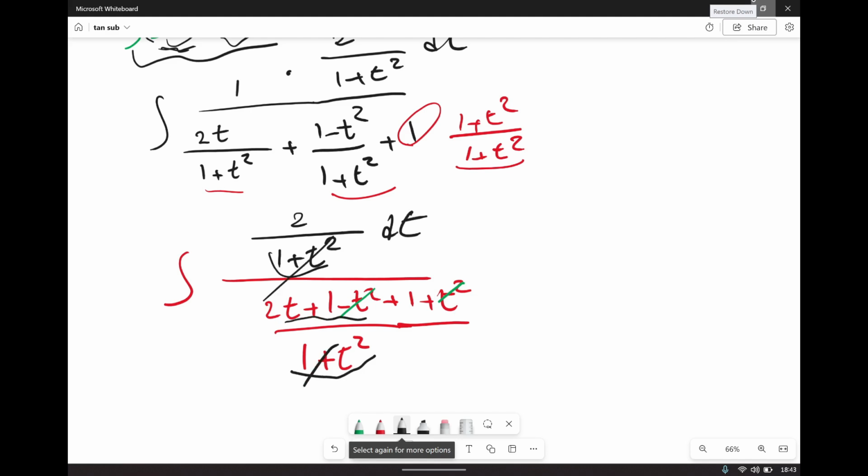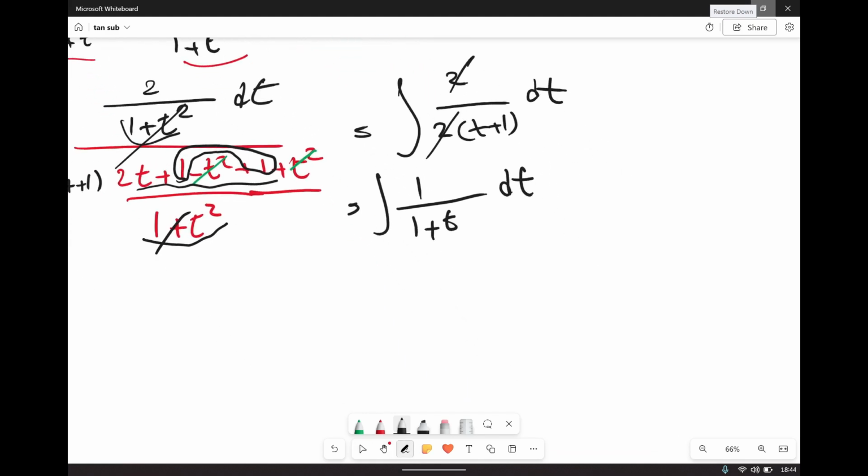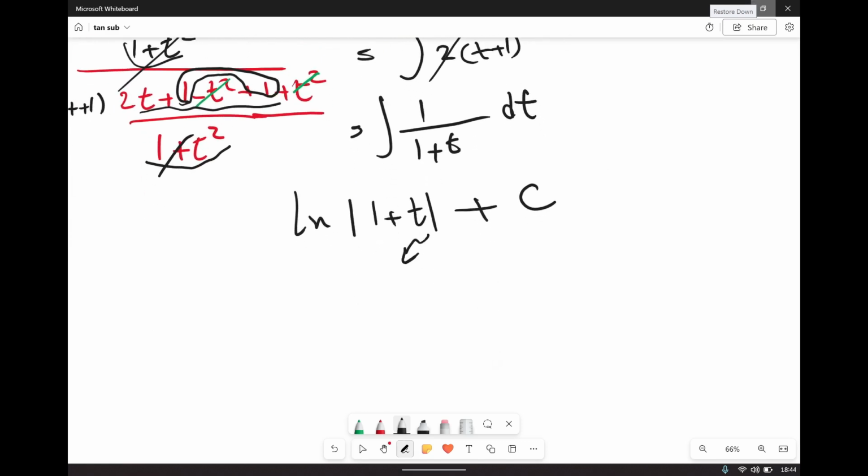If we factor out 2 in the numerator, it is exactly integration of 2 divided by 2t plus 2 dt. Yes, it is 2 times t plus 1, and they cancel each other, the integration of 1 over 1 plus t dt, and we also calculated previously that it is ln of 1 plus t in absolute value plus c. But in the last, we just substitute tangent x over 2.